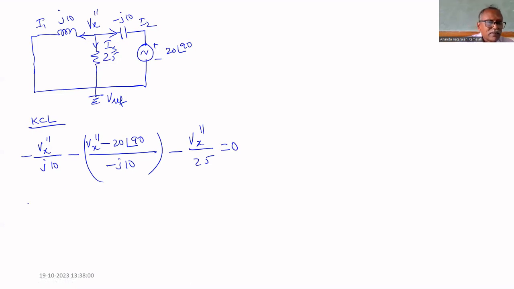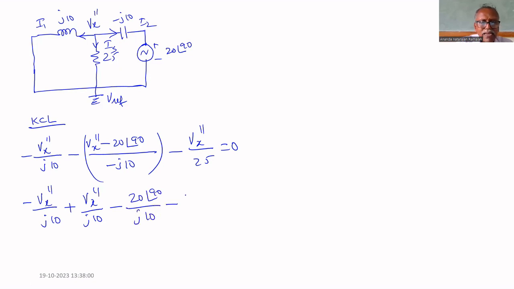You can write minus Vx double dash divided by j10, minus Vx double dash divided by minus j10. That's why plus j10; minus of minus becomes plus, but because of this it becomes minus 20 angle 90 divided by j10, minus Vx double dash divided by 25 equal to 0. These two get cancelled.